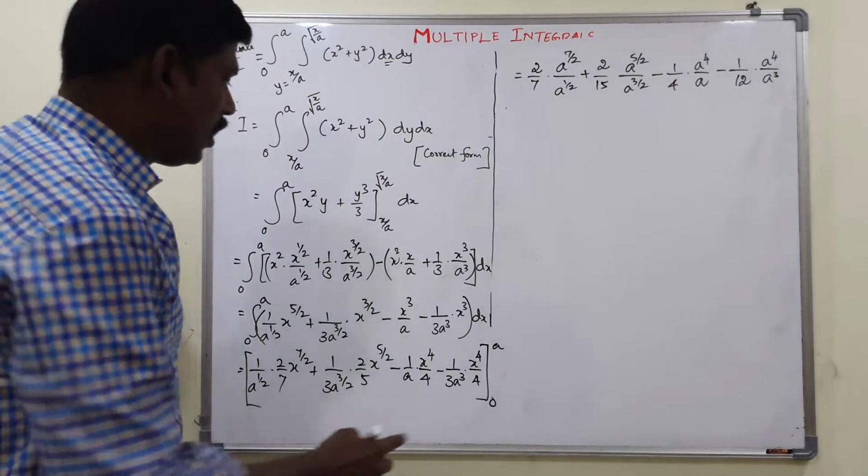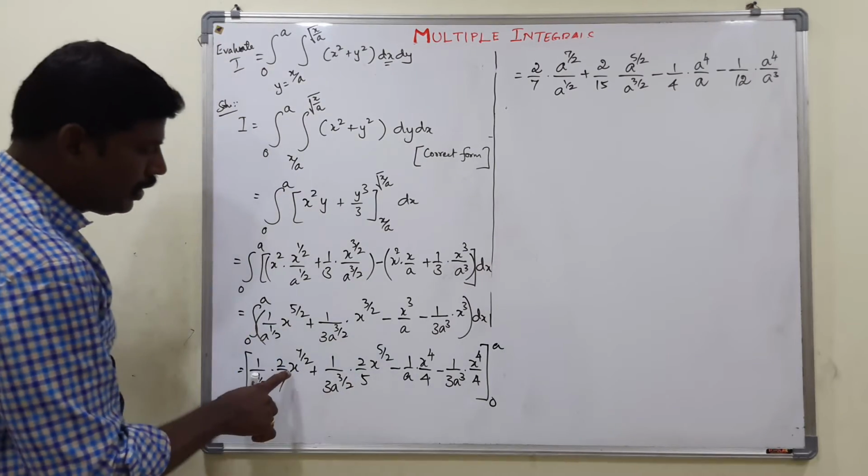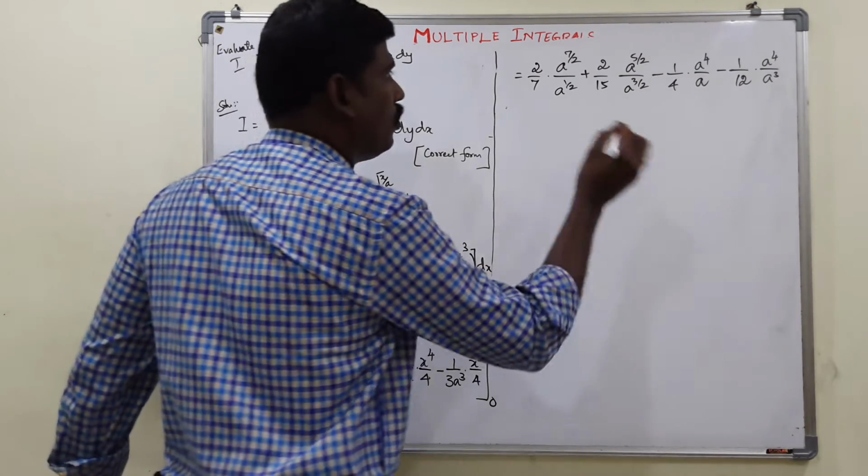Is it right? That's all. After substituting the lower limit, each and every term becomes 0, so no need to apply it.